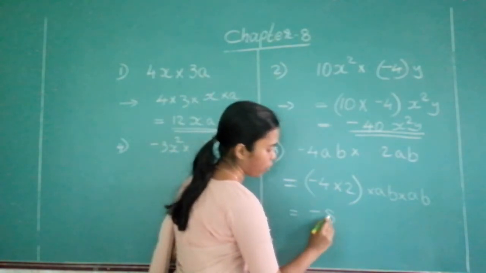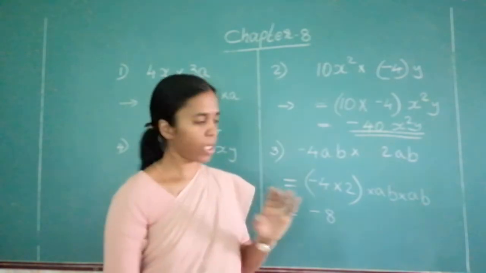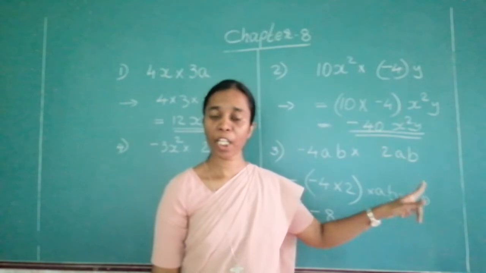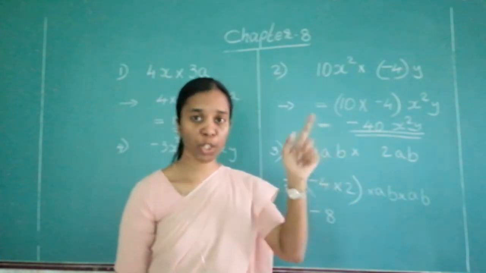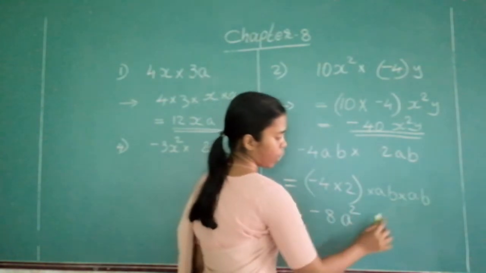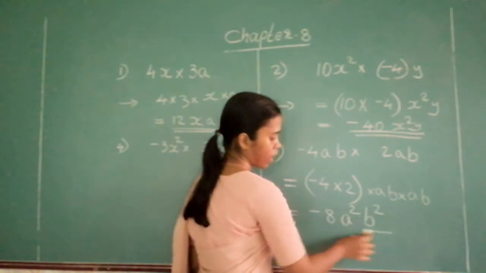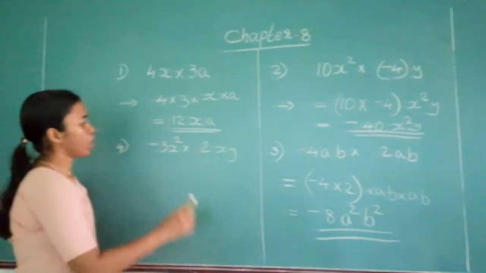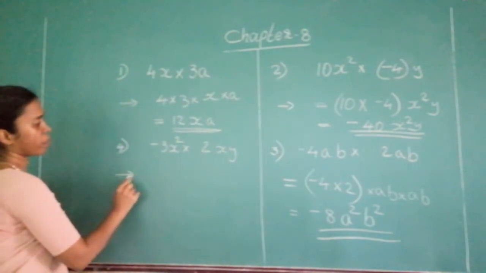So minus 2 4s are 8. Now you can see that a into a is a square. b into b is b square. Multiply the variables.